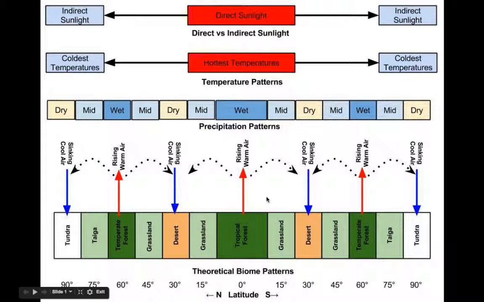So I need you to bear with me. This is definitely the most complicated part of this entire screencast here. Hot air is going to have fast-moving molecules that spread out and they become less dense relative to cold air. What this means is this is going to be less dense than this.